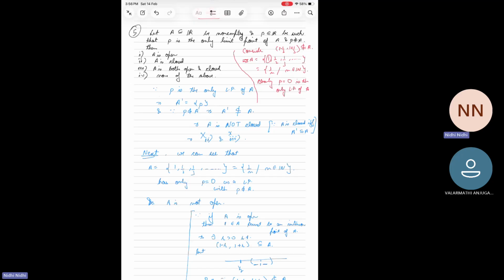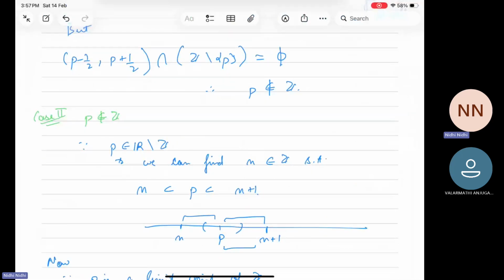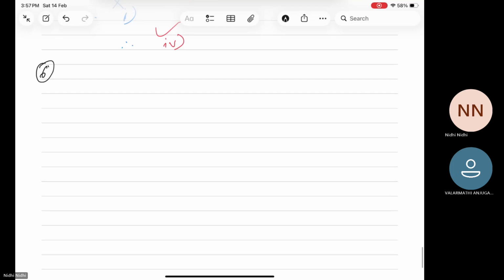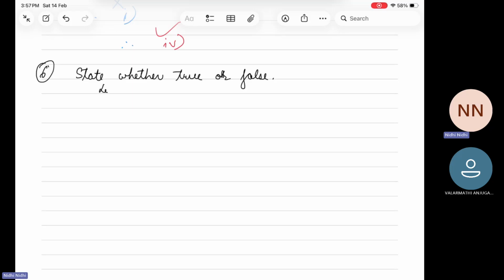Okay then, let's move to the next question. Question number 6. State whether true or false. Let A be a subset of R, non-empty, bounded above set.